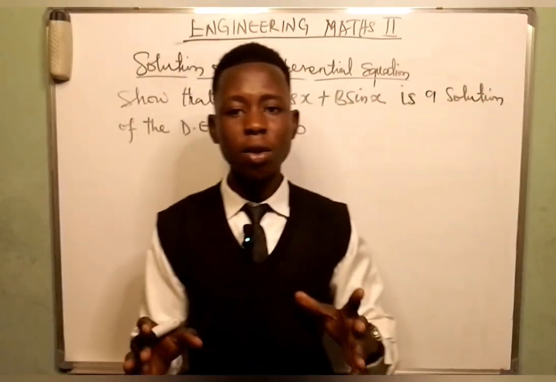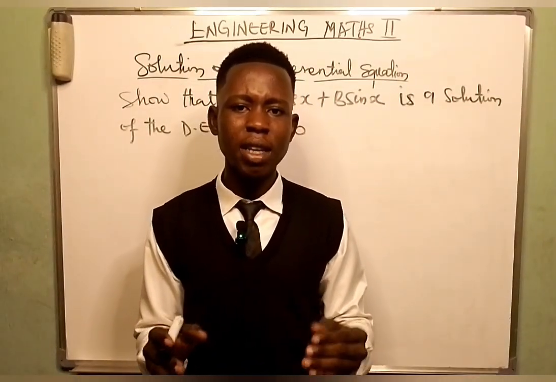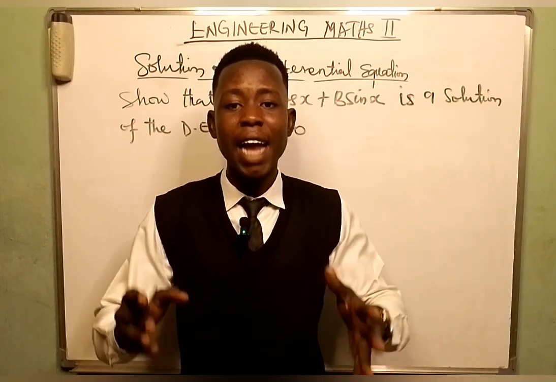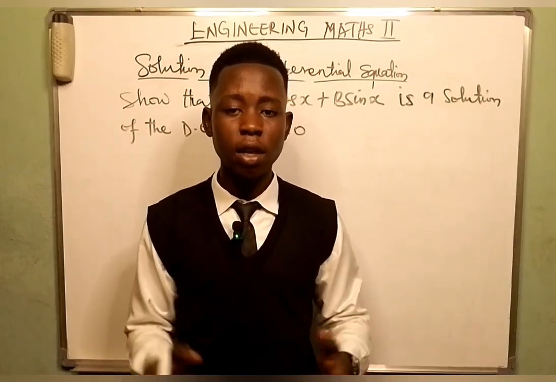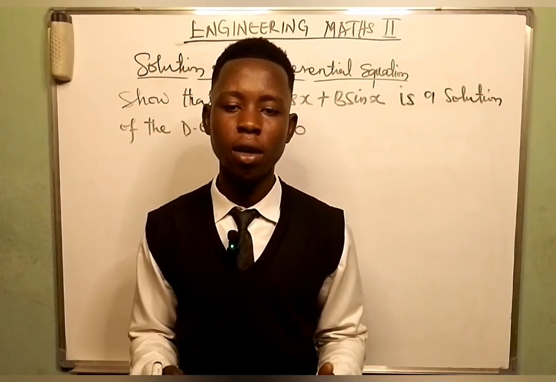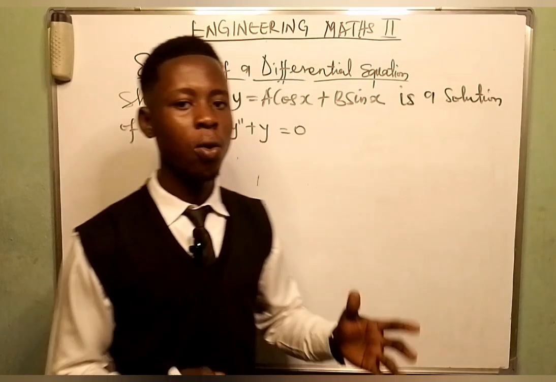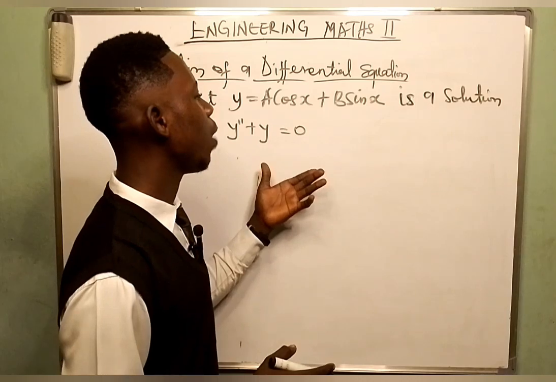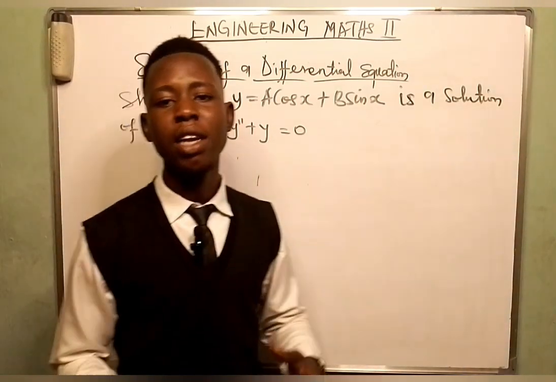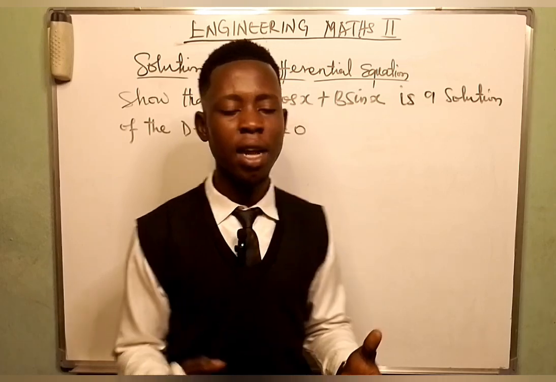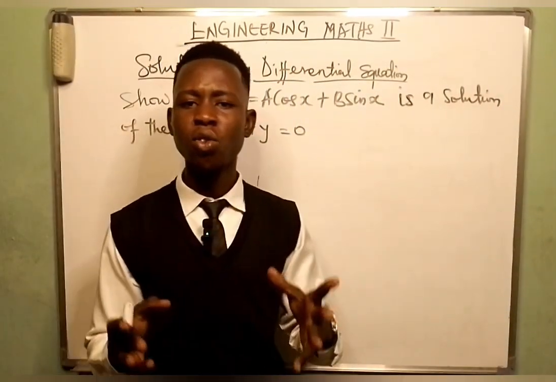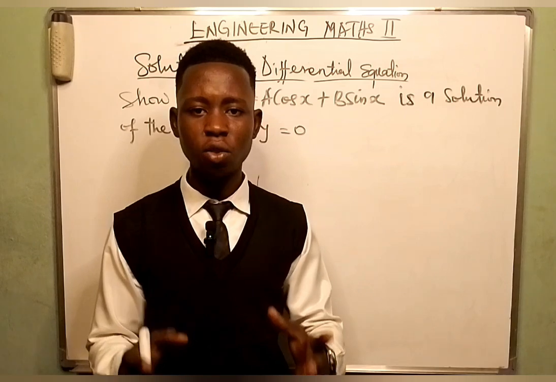A general solution has an arbitrary constant depending on the order of the differential equation. Whenever you find the solution of a differential equation and you see arbitrary constants such as a and b, it is a general solution.